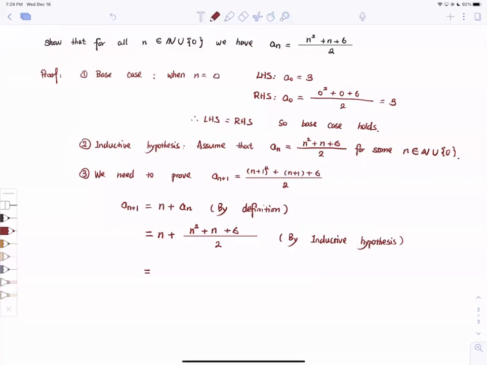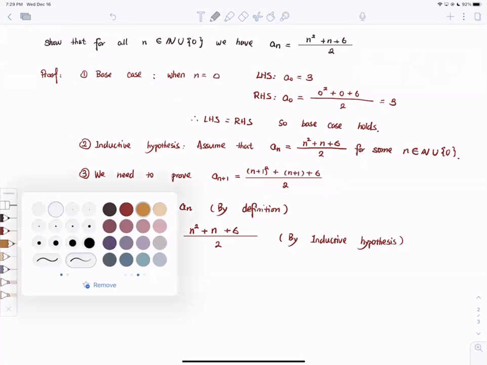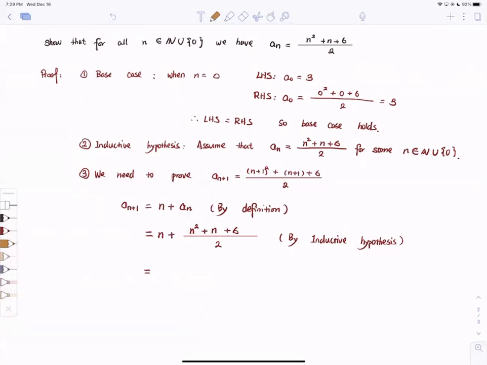Now you just need to manipulate this until you get this. But I'm gonna do some rough work because this is really complicated and it's hard to get from something simple to something more complicated. So let me do some rough work. This equals n plus 1 squared plus n plus 7 over 2.